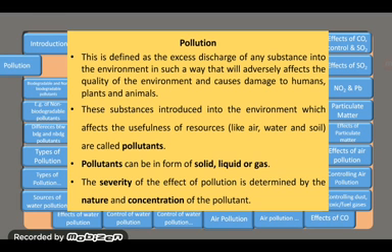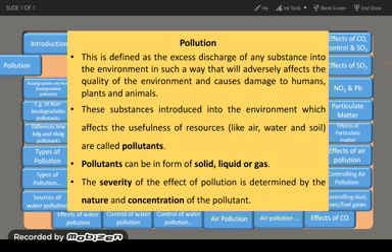And these substances released into the environment that adversely affect its quality, we refer to as pollutants. So pollutants are the substances introduced into the environment which affect the usefulness of resources like air, water, and soil.